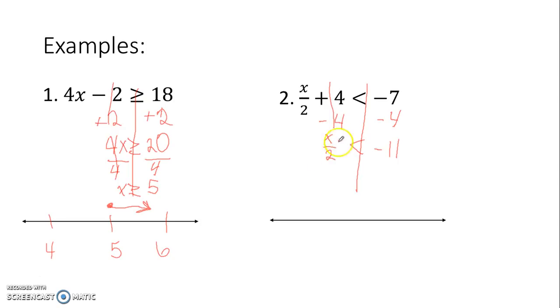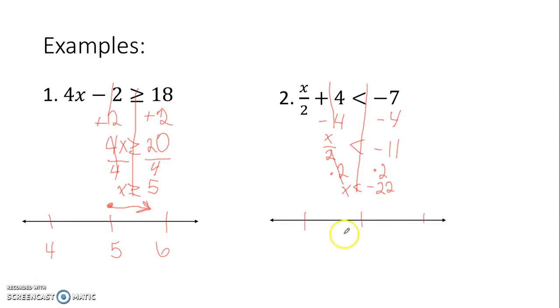Now we undo this right here. X over 2, another way to write it, or say it, is x divided by 2. So to undo that 2, we need to multiply both sides by 2. Those cancel out. We just have an x left, so bring down the sign. Because we didn't multiply by a negative, it stays the same. We have negative 11 times 2, which is negative 22.